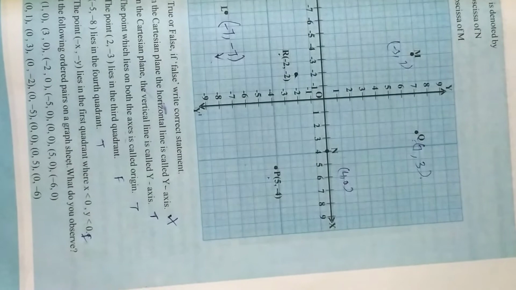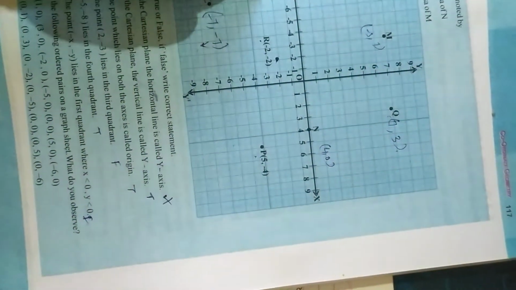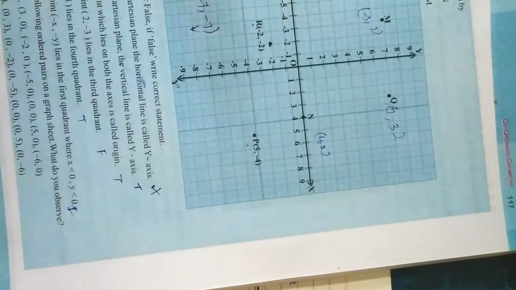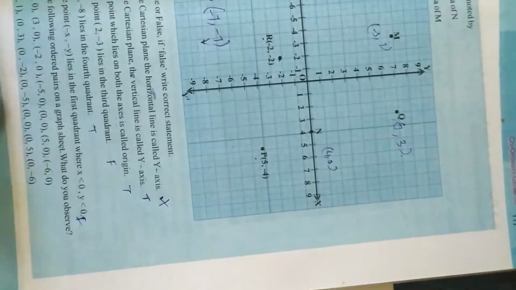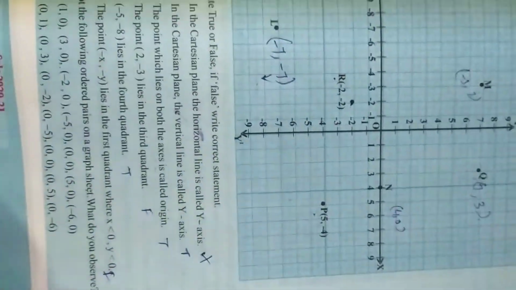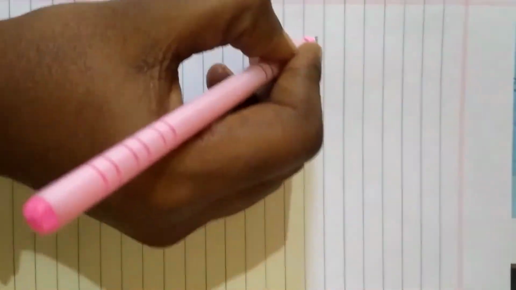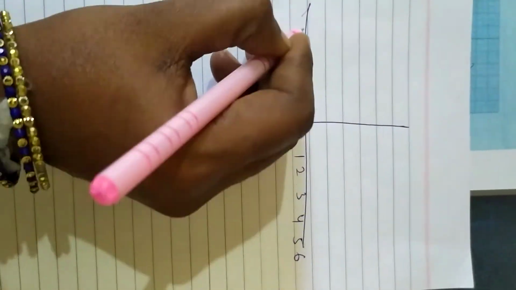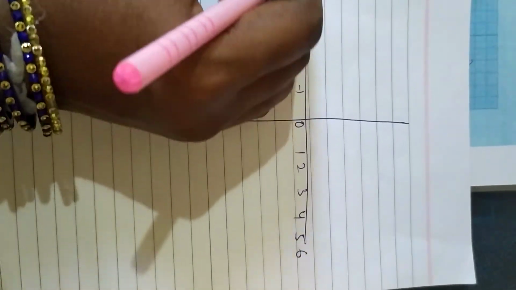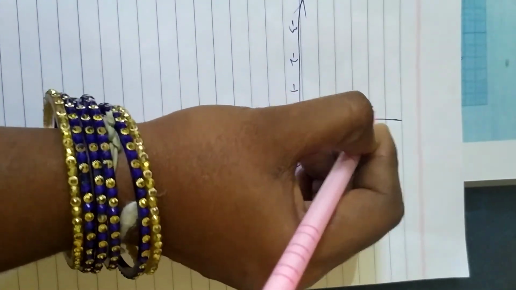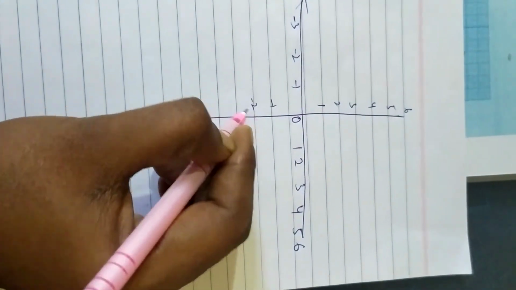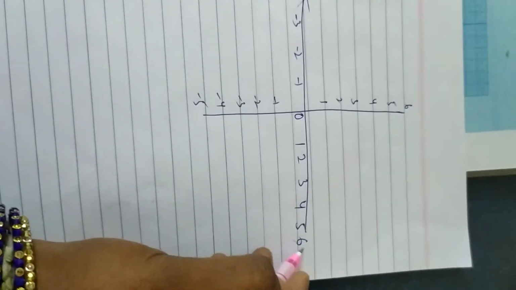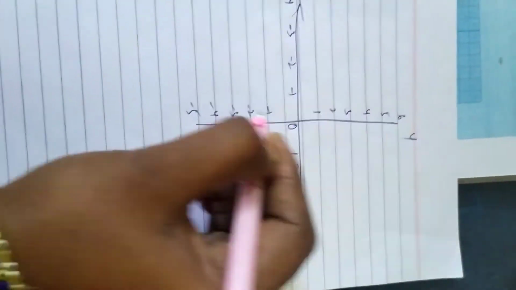In that graph sheet, draw all your numbers like this: 0 1 2 3 4 5 6, -1 -2 -3 -4 -5, and likewise on the y side. This is your x dash, y dash.